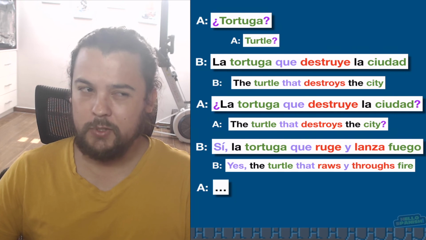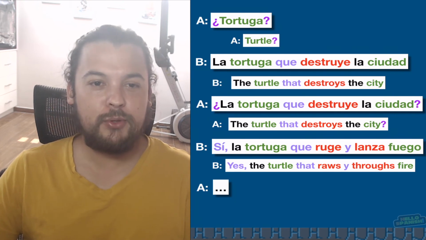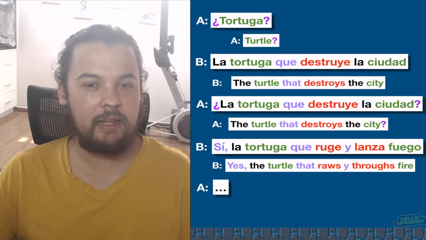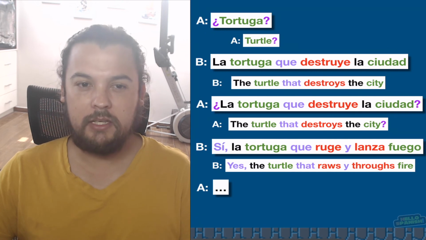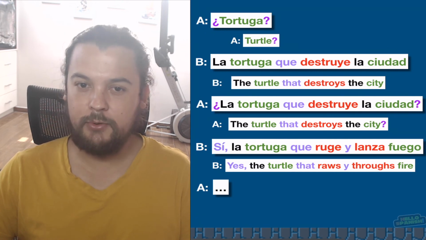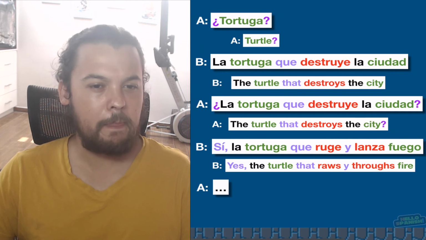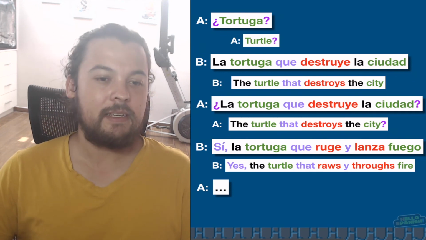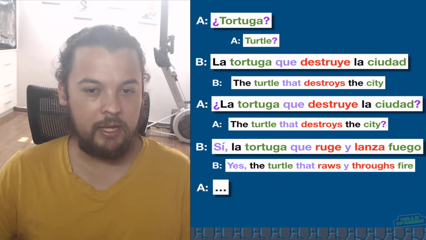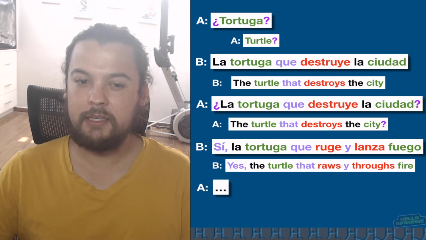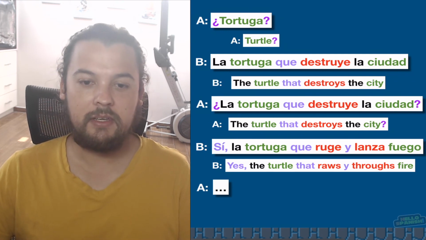Tortuga, turtle. La tortuga que destruye la ciudad. The turtle that destroys the city. Sí, la tortuga que ruge y lanza fuego. Yes, the turtle that roars and throws fire.